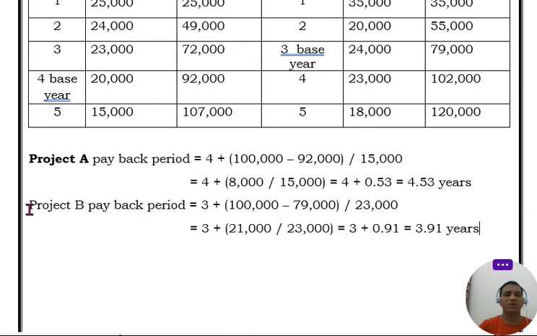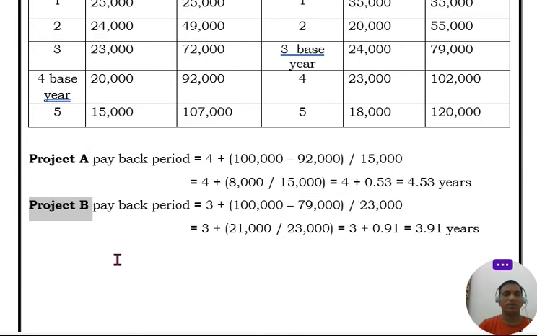The payback period for project B is 3.91 years. That means the cost of project B, 100,000, is recovered in the form of cash flows in 3.91 years. Now you have two projects, you have to choose which is acceptable, which is the best one.